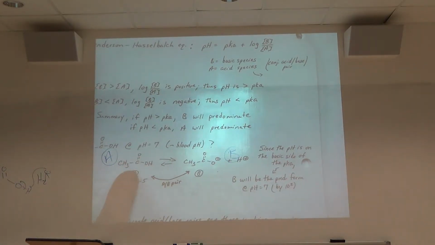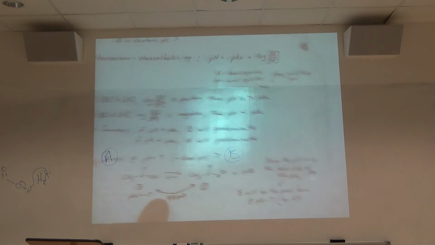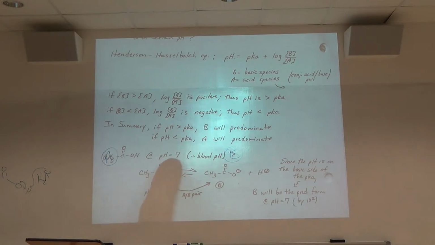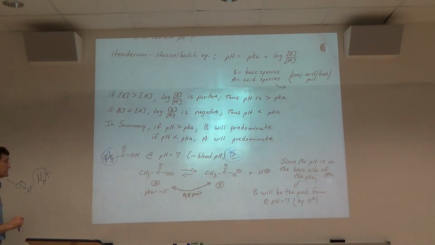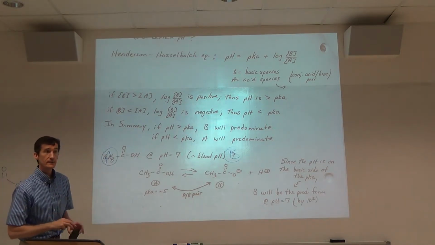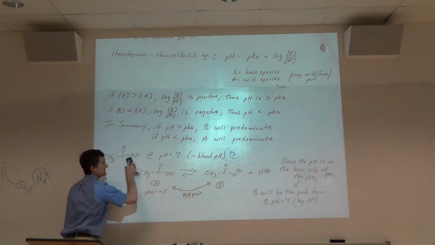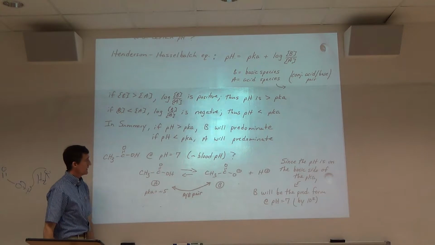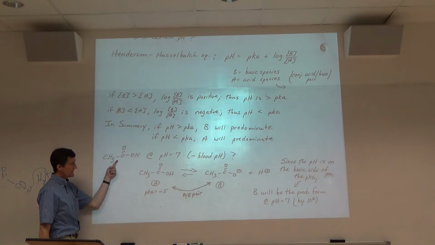Okay, here we go. Are you ready to do this? Here's acetic acid. How will it exist at a pH of 7, which is blood pH? Will it be in the acidic form or basic form? What do we need to know other than pH? pKa. What's the pKa of acetic acid?